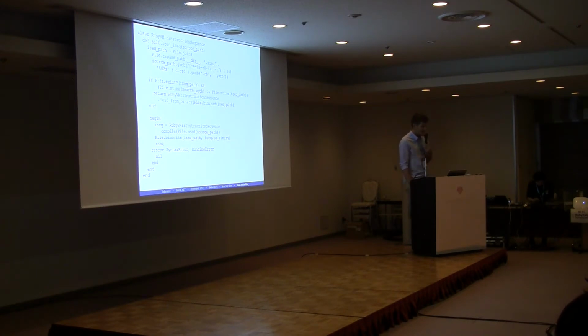And you're going to say if it exists and it's up to date, if it's fresh, meaning that the source file wasn't modified more recently than the iseq file, that you can just load those instruction sequences from the file instead of compiling. And otherwise, we go and we compile the whole file, and then we write it out to the file and return that.